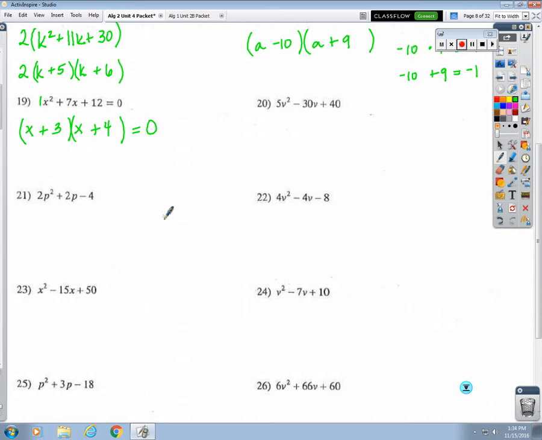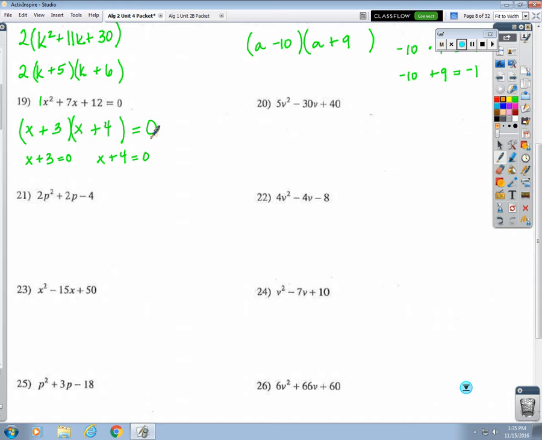Now, anytime it's set equal to 0, they want you to actually continue and solve. They don't want you to just stop there. They want you to take each of these factors, and they want you to set each of them to 0. Okay, anytime it's set equal to 0, they want you to factor and solve, which means take your two factors and set them both equal to 0.